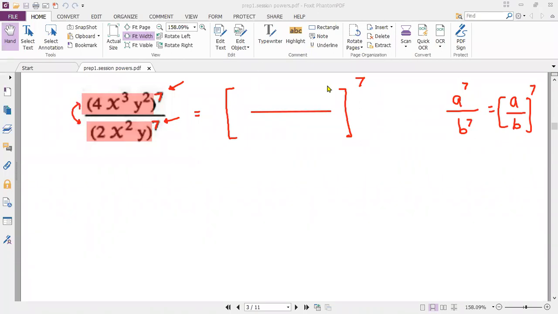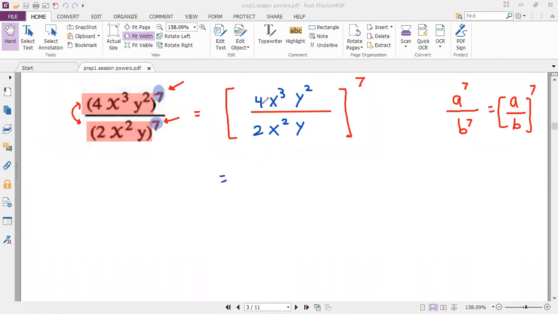So that is going to be 4x to the power of 3, y to the power of 2 over 2x to the power of 2, y. What about the power? 7 and 7. I put one power for the whole expression. Then we are going to divide to simplify the expression.